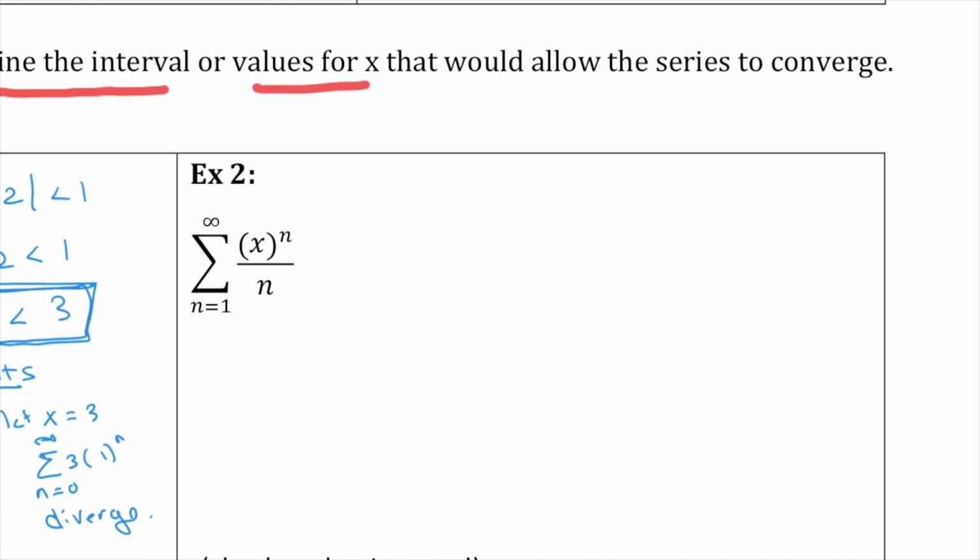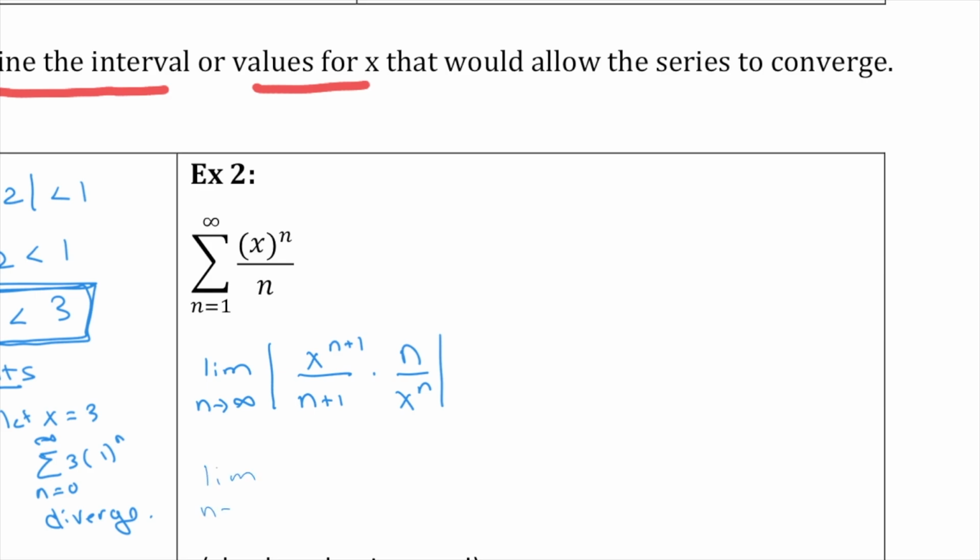Let's look at example 2. So for example 2, again, we're going to use our ratio test. We take the limit as n goes to infinity. We have the absolute value, x to the n plus 1 over n plus 1 multiplied by the reciprocal, n over x to the n. Simplify our problem.